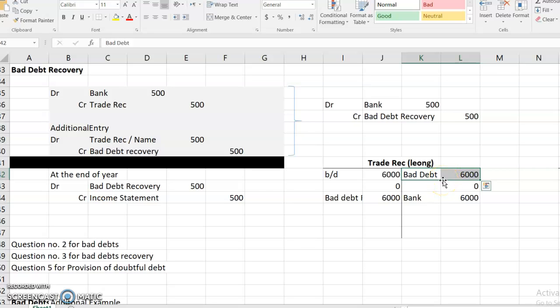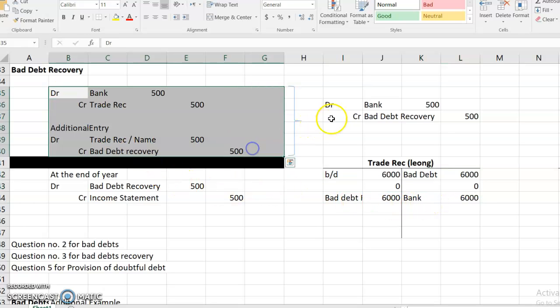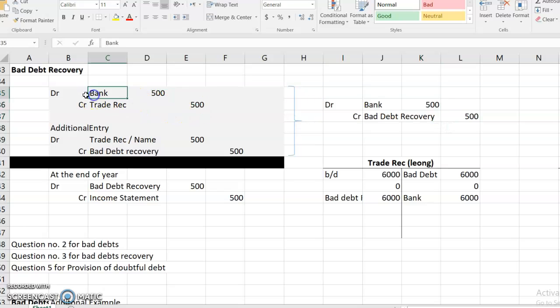Now let's say they paid you, maybe in third year, after you thought in the second year they would not pay. There are two ways of doing this. When they pay you, I credit the trade receivable and I debit my bank, correct?